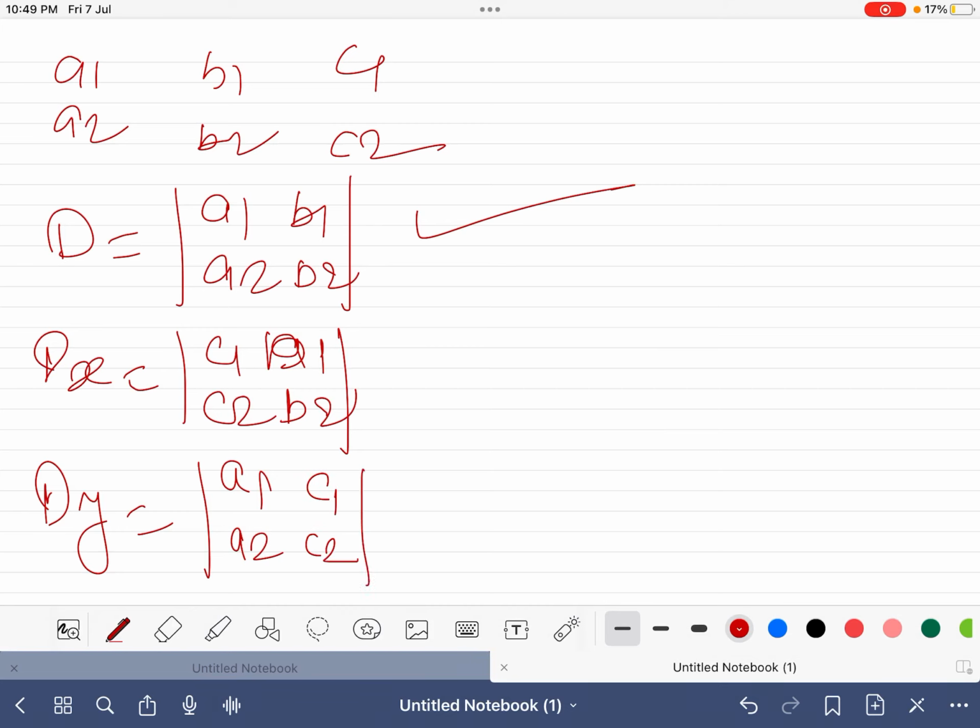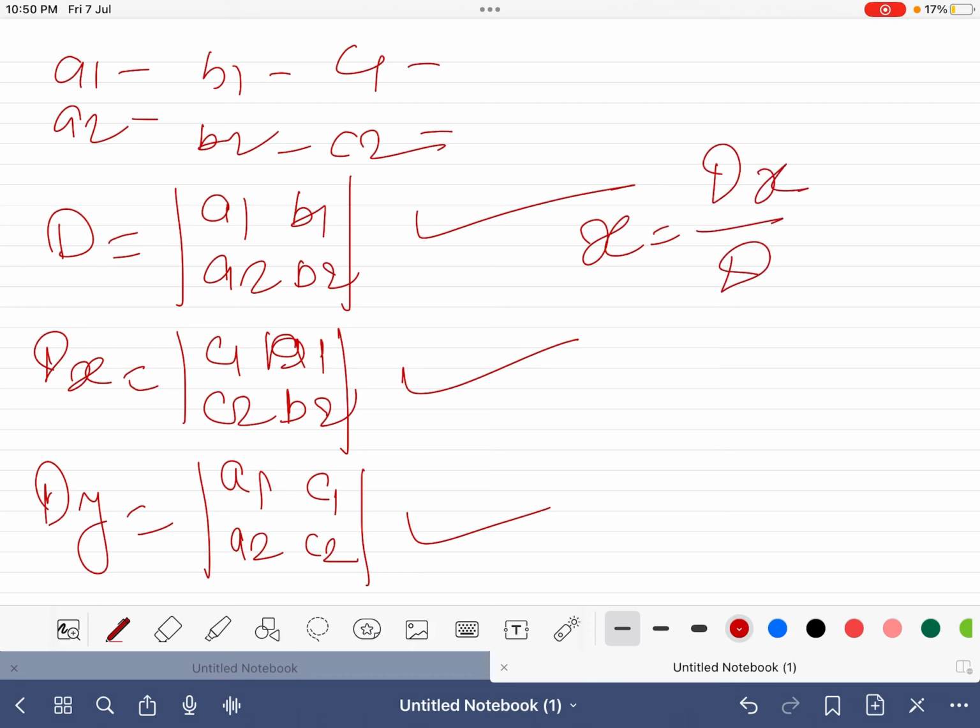So likewise, find these values, put them in this equation and find the values of D, Dx and Dy, and put these values in this formula. So x is equal to Dx upon D, y is equal to Dy upon D.